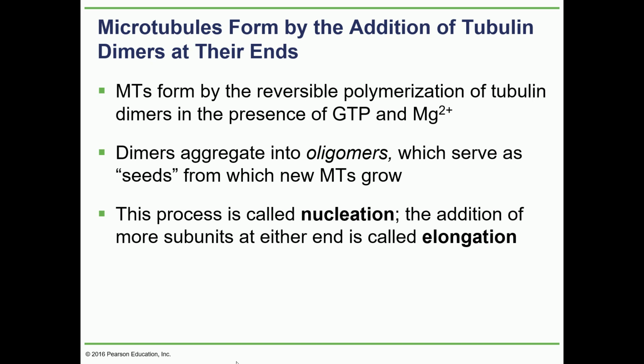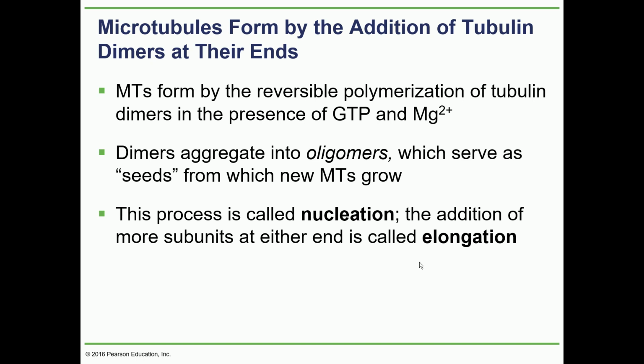Alpha and beta tubulin form heterodimers, and these heterodimers then form oligomers. Oligomers serve as seeds from which new microtubules grow. This process is called nucleation, and the addition of more subunits at either end is called elongation.